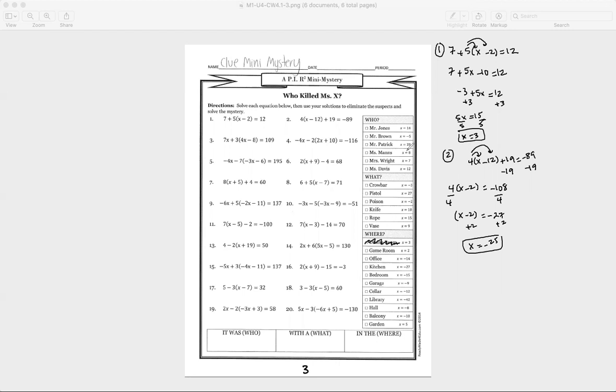We don't have that. So again, 4x minus 19, negative 108 divided by 4 is negative 27. Oh, that was minus 12. There you go. You see the mistake.